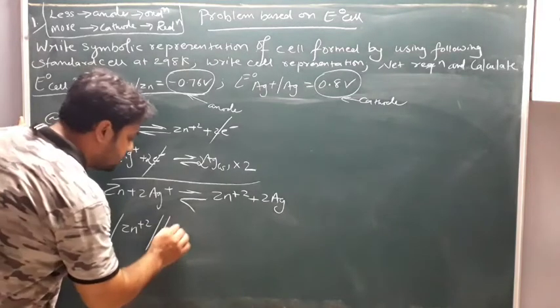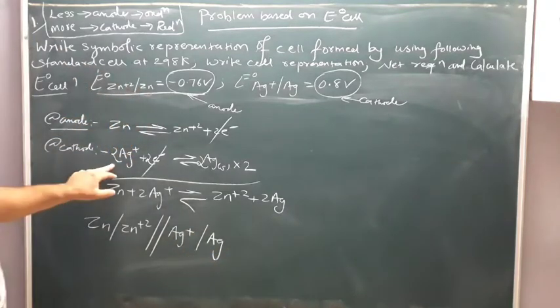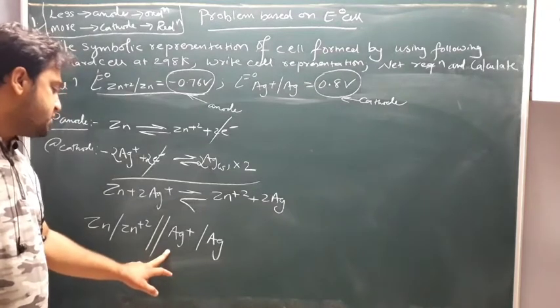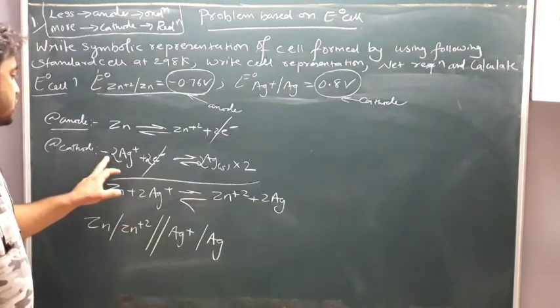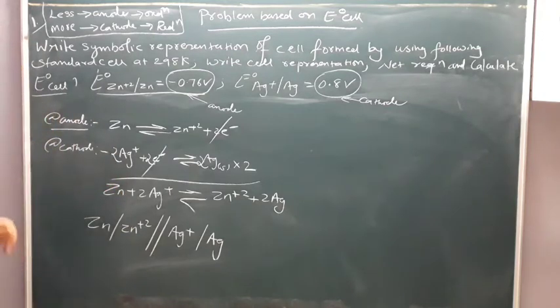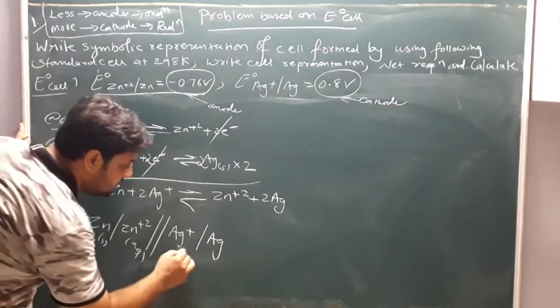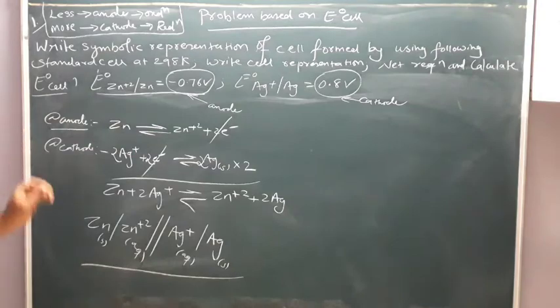So it will come as Ag+ slash Ag. Sir, here 2 is given, can I write the 2 in the representation? No. In the representation you just have to show the anodic and cathodic portions. No need to write the moles. These moles will be useful in the Nernst equation. This is aqueous, this is solid, this is aqueous and this is solid. So this is the cell representation.